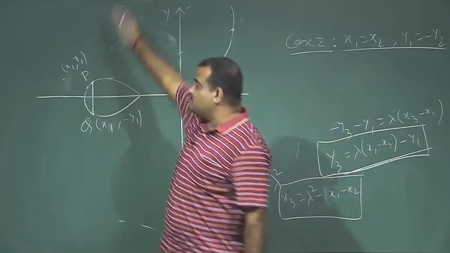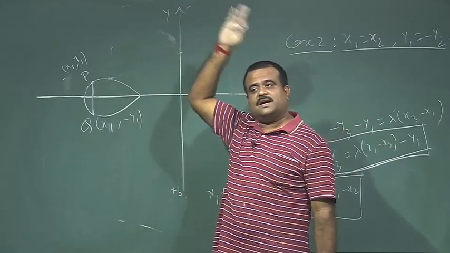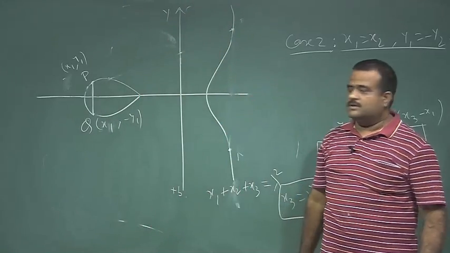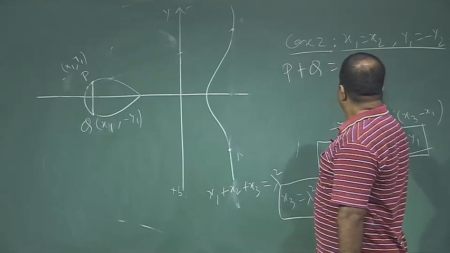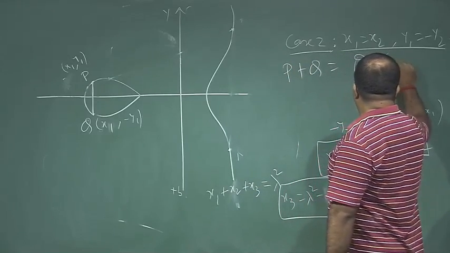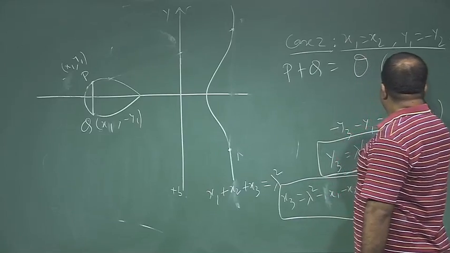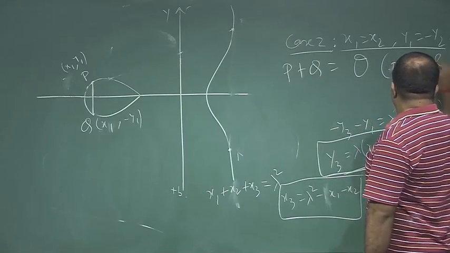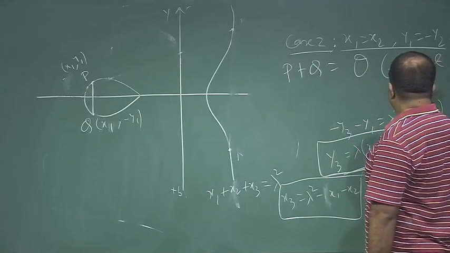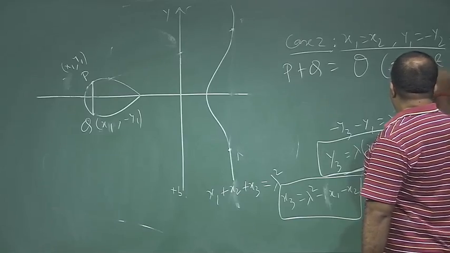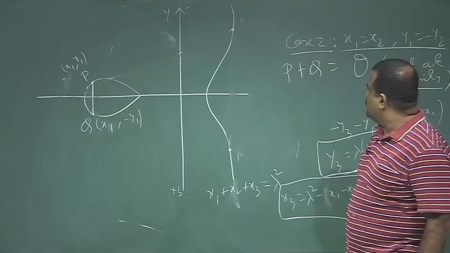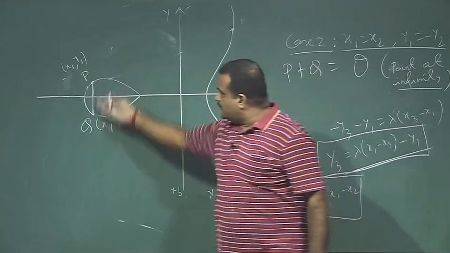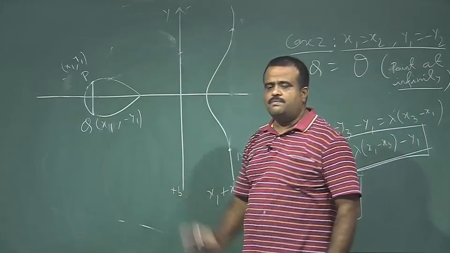So the third intersection, we assume, is at the point at infinity. So that's why for this case P plus Q we define this symbol, which is called the point at infinity, as if they are meeting at infinity, because they are parallel to the other part of the curve.